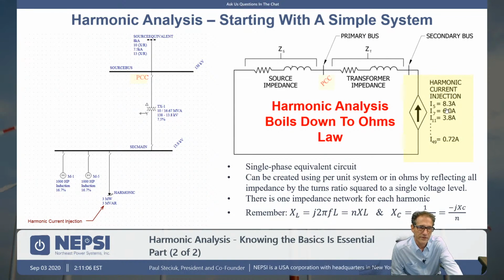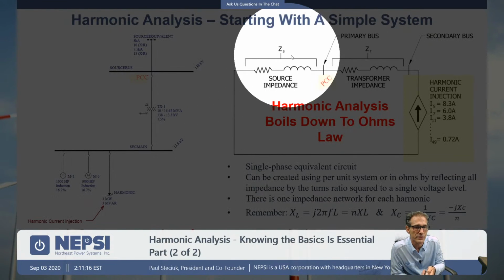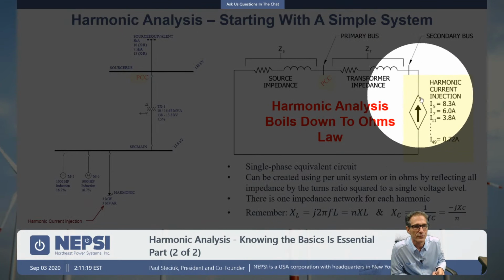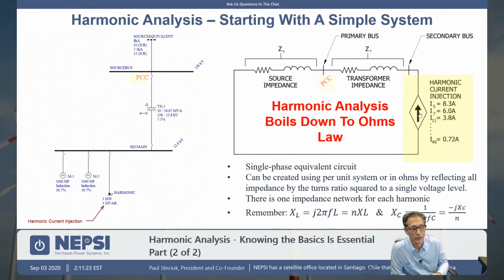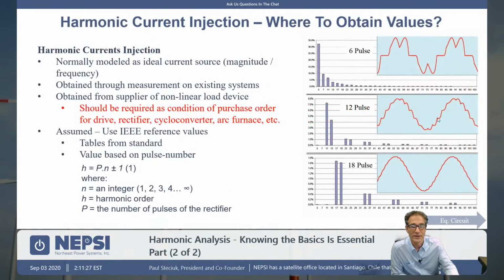We talked about the fact that there are harmonic current injections. Those harmonic current injections are ideal current sources, meaning that no matter what this impedance here is, this harmonic current will stay the same. These harmonic values are based upon drives or the harmonic producing device. You can get that data based upon the device that you're using.